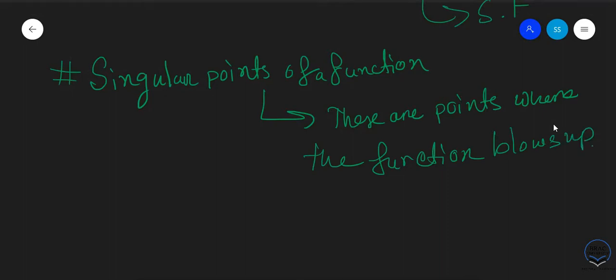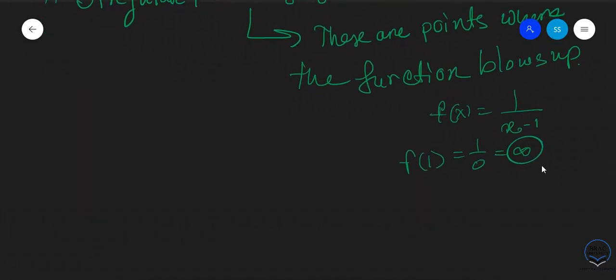This means, let's say you are considering a function f of x, and this function has this form 1 by x minus 1. So if you try to put f of 1, you can see there's a 1 by 0. Obviously you write it as infinity, but that's not correct. It's not infinity, it's blowing up. This means as you approach 1, the value of the function goes higher and higher and higher.